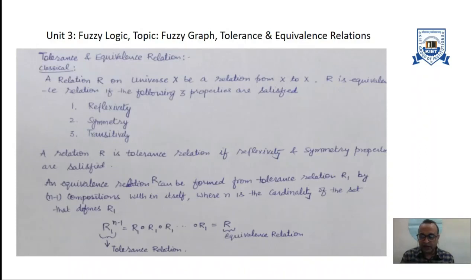Rather, we can say the R1 relation satisfies the reflexivity property and the symmetry property. Taking the R1 relation, we can form another relation, relation R, which would be the equivalence relation if we perform the composition operation on R1 n minus 1 times, where n is the cardinality of the set on which relation R1 is defined, right?